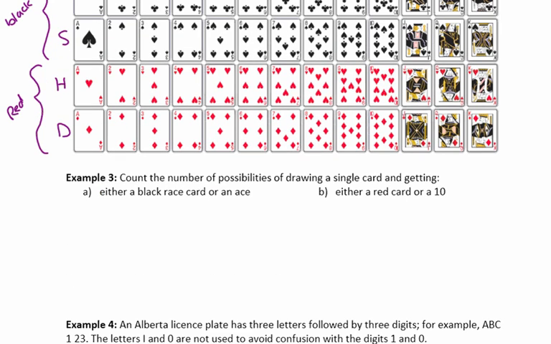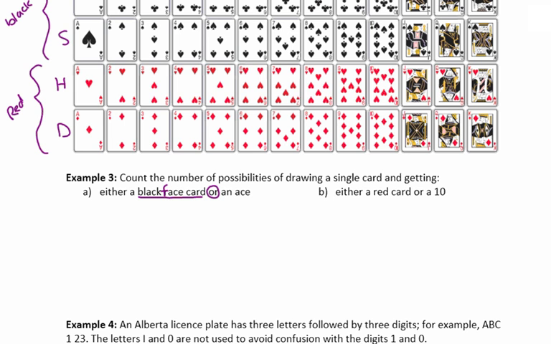Okay. So count the number of possibilities of drawing a single card. So you're only drawing one card. You're getting either a black face card or an ace. It says race card, which sounds weird; it's supposed to say face card.